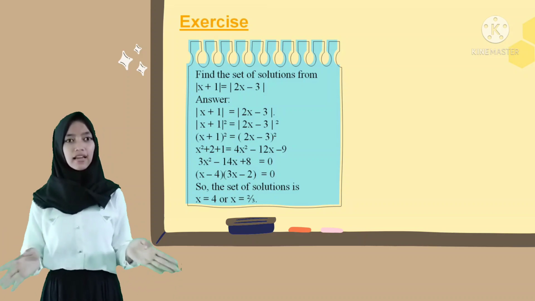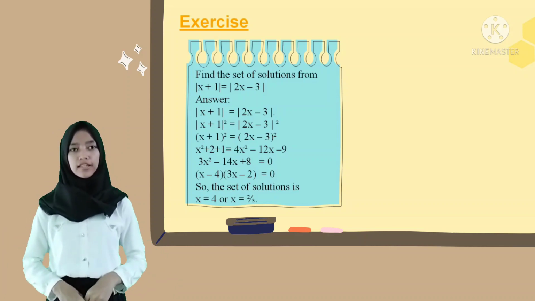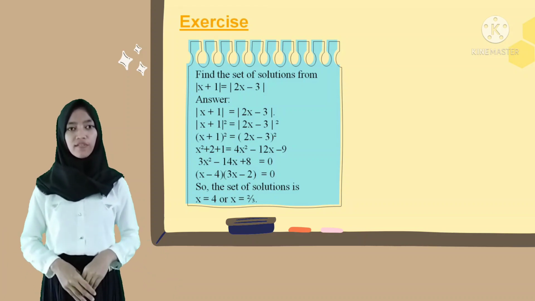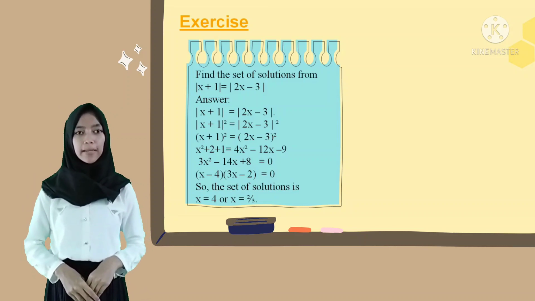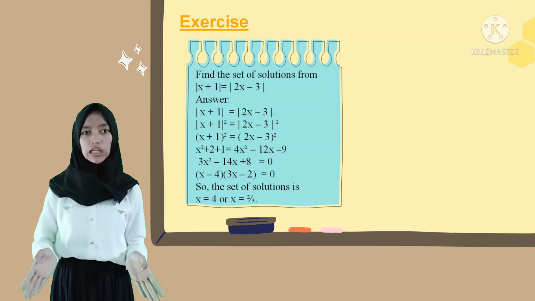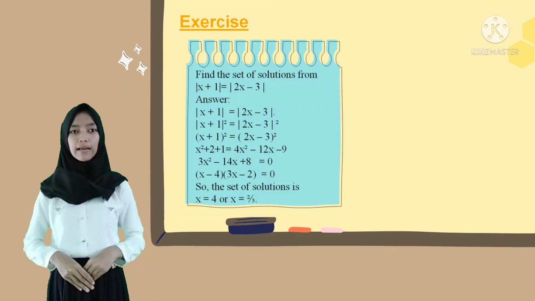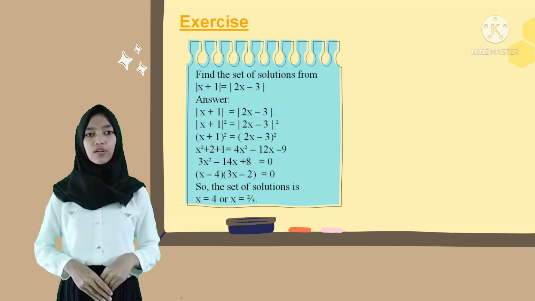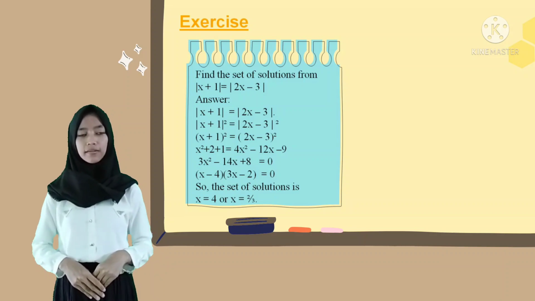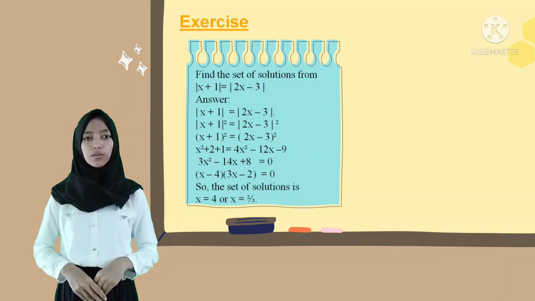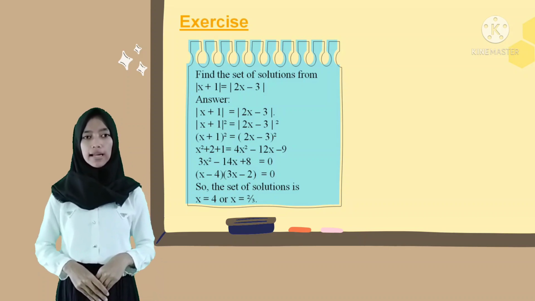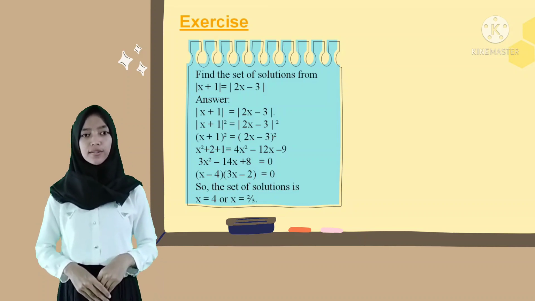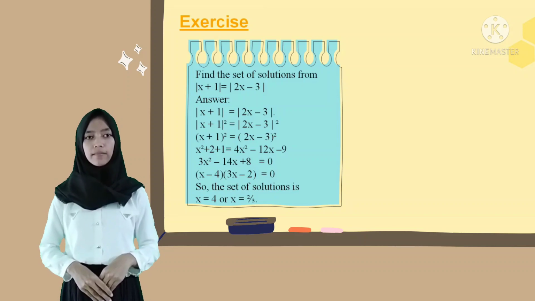The next is an exercise. Find the solution set of the absolute value of x plus 1 equals the absolute value of 2x minus 3. The answer: the absolute value of x plus 1 equals the absolute value of 2x minus 3. We will do it by squaring both sides, so that x plus 1 all squared equals 2x minus 3 all squared.